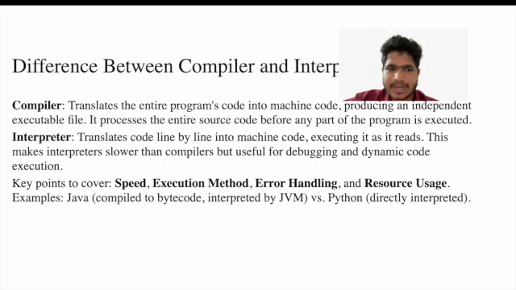This makes interpreters slower than compilers but useful for debugging and dynamic code execution. Key points to cover: speed, execution method, error handling, and resource usage. Example: Java compiled to bytecode interpreted by JVM, versus Python directly interpreted.